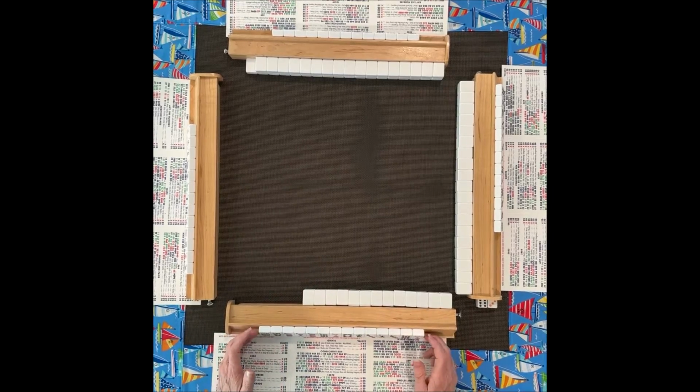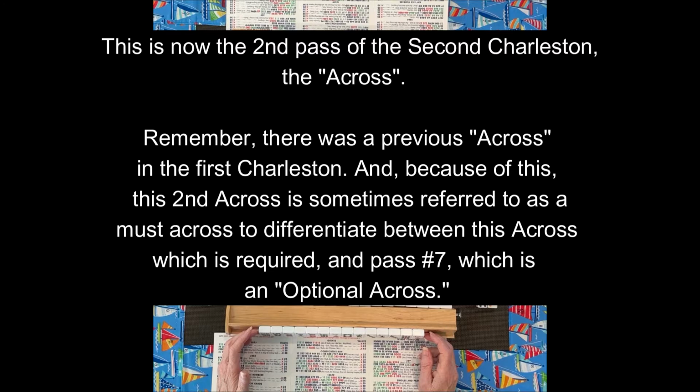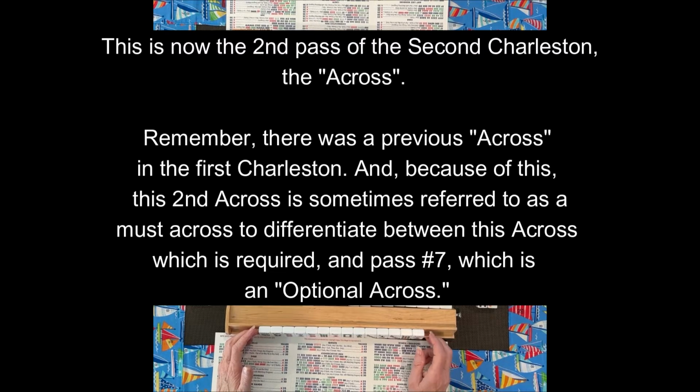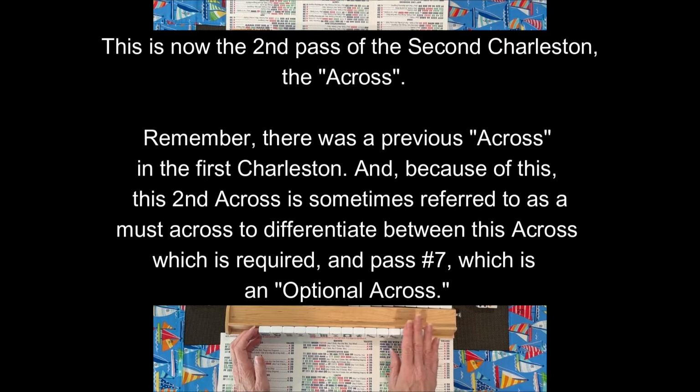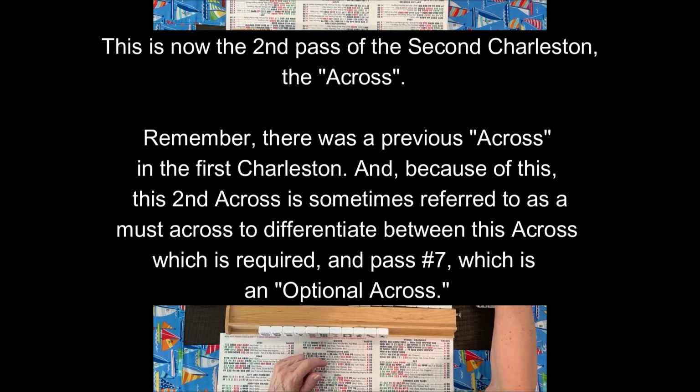Now we're going to go ahead and do the second pass of the second Charleston, which is the across move. And again, as I mentioned, also referred to as the must across. So we're going to go ahead and take three tiles and we're going to pass them just like this inside the walls.